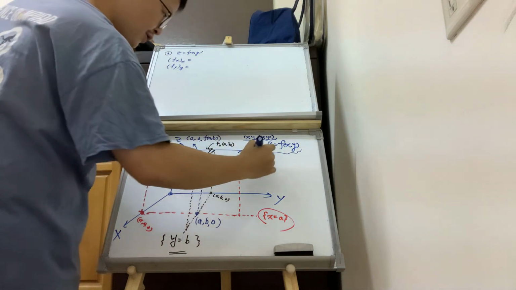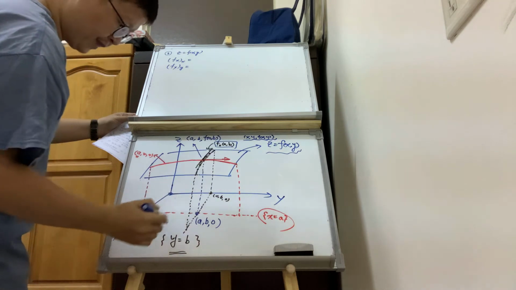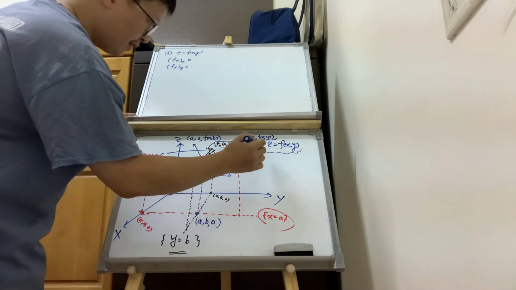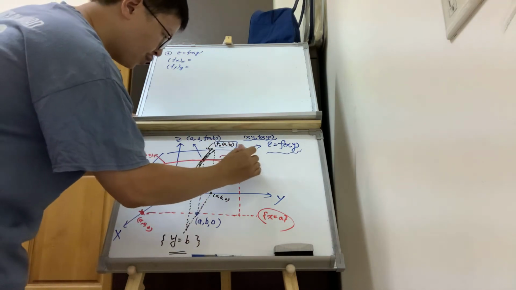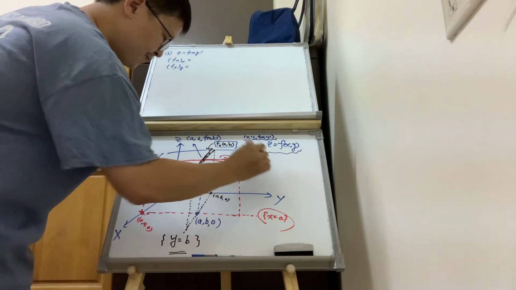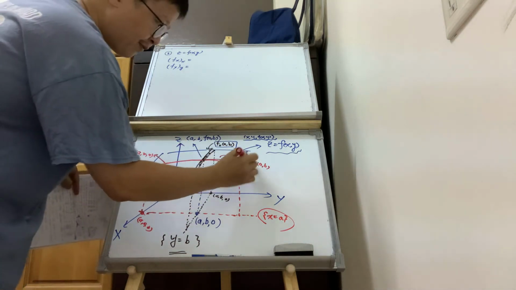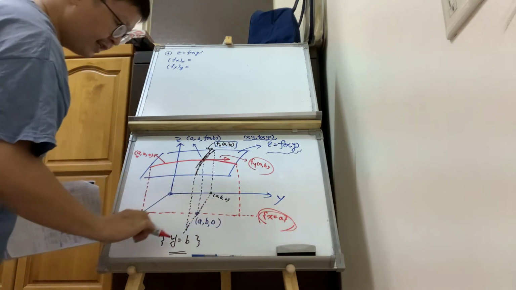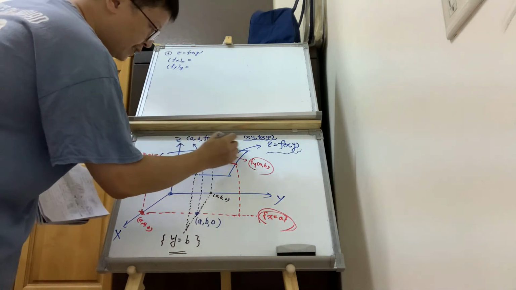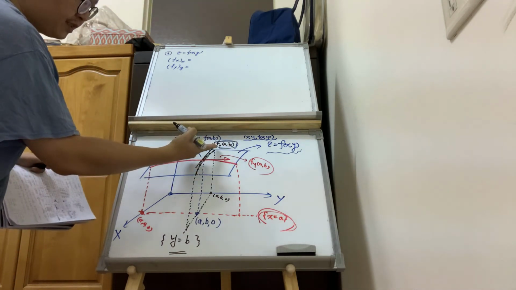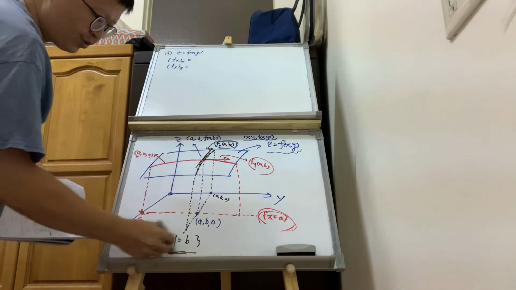Originally we have a notation. Here is our f partial x, f partial y at (a, b). Okay, so if we say f partial y, then we fix the plane x equals a. And if we say f partial x, its partial derivative with respect to x, then we fix the y plane.